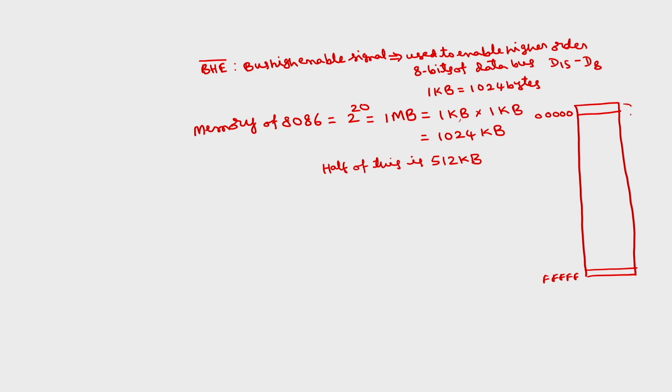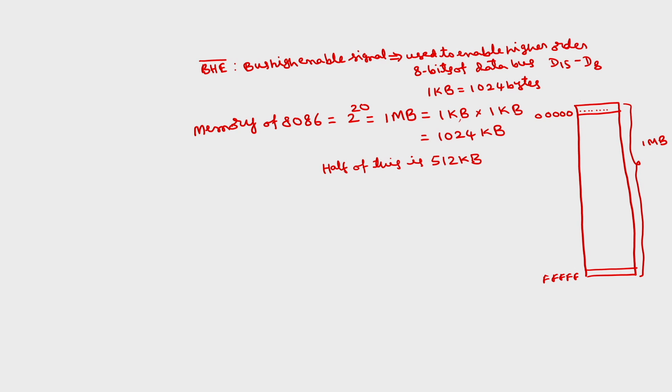So this is the total 1 megabyte memory, which is 1024 kilobytes. In 8086, each location is capable of storing only 8 bits of information. The meaning of 1 megabyte is that we have 1024 into 1024 locations, and each location is capable of storing 8 bits of information.